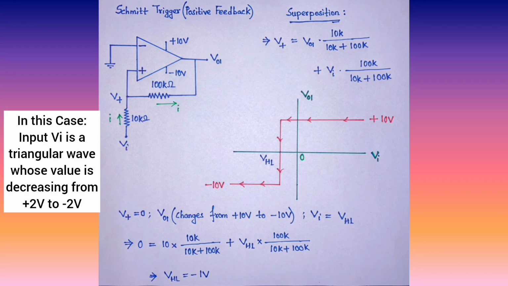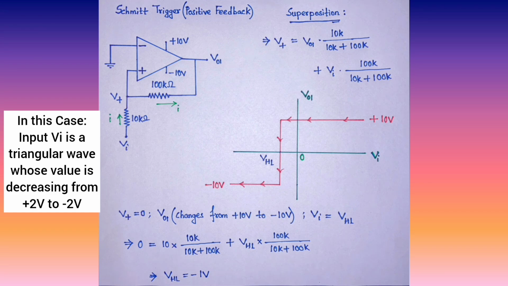So slowly your V plus, which was initially greater than 0 volt, will approach 0 volt, then become 0 volt, and then become lesser than 0 volt, and once it becomes lesser than 0 volt, your output voltage VO1 will be minus 10 volt. So that voltage is your VHL, meaning the input voltage which makes the output go from high to low, from plus 10 volt to minus 10 volt, and if you compute, that will be minus 1 volt.